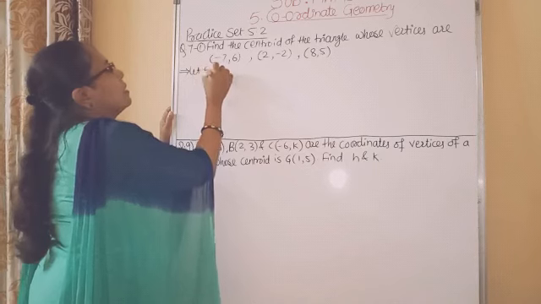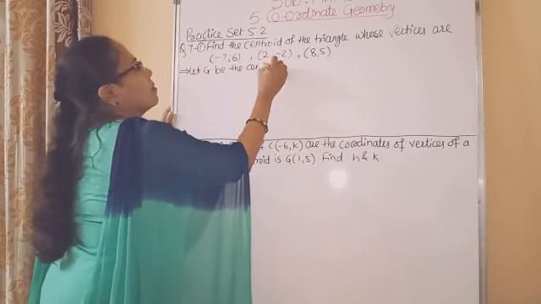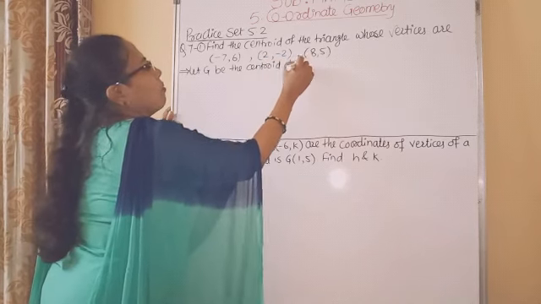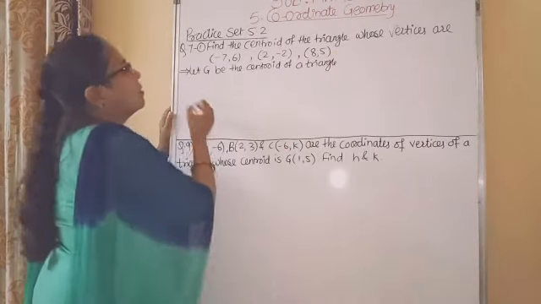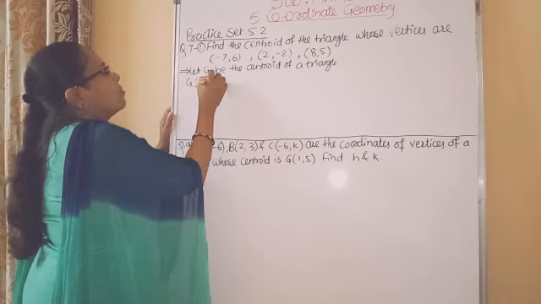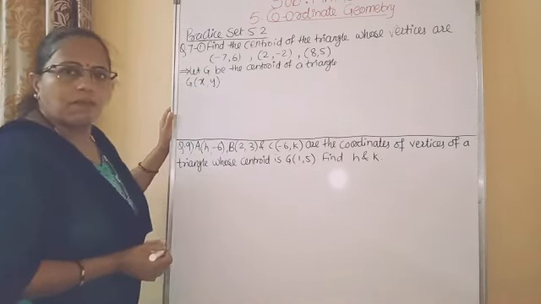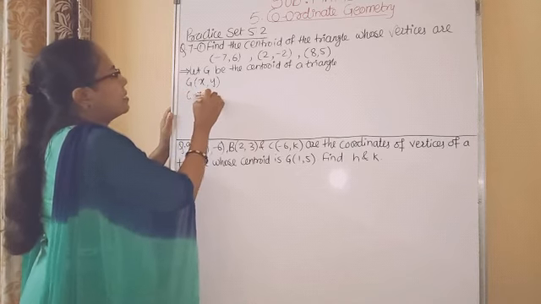Let G be the centroid of a triangle. Therefore, the coordinates of centroid G we will assume as (x, y). The first vertex is given (-7, 6).